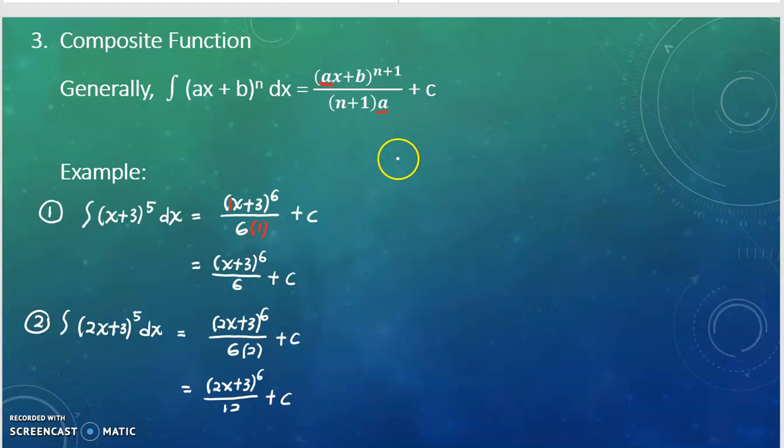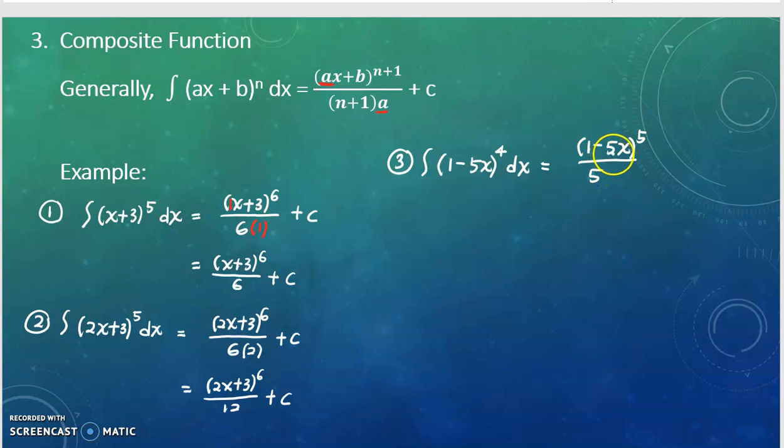Let's say example number 3. Integrate (1 - 5x) to the power of 4. From here, we raise the index by 1, so it becomes (1 - 5x)^5 over 5.